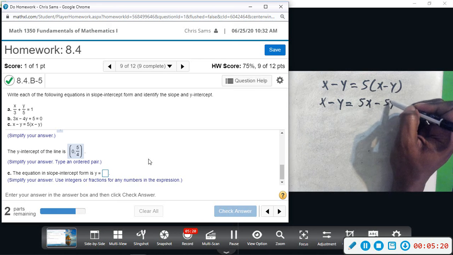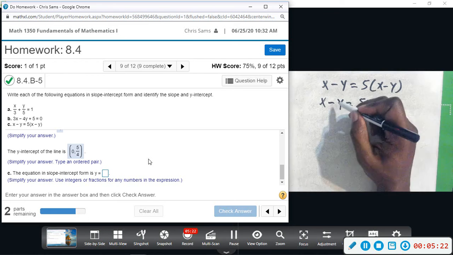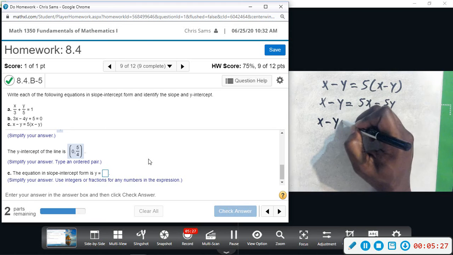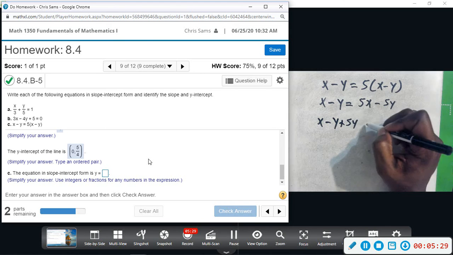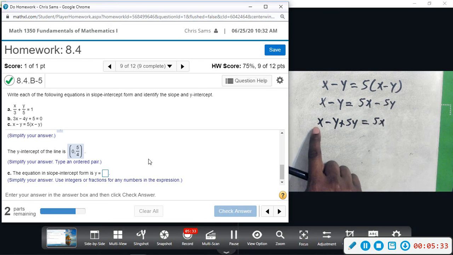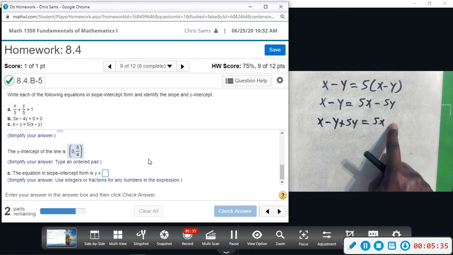I'm going to move the 5y over here. So I have x minus y plus 5y equals 5x. And I'm also going to move the x over here.